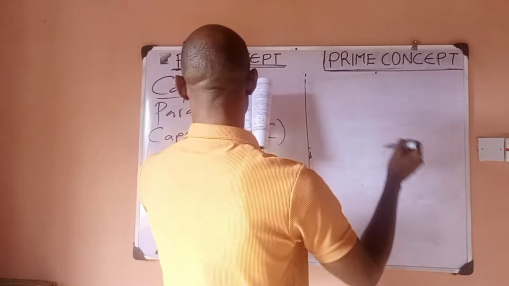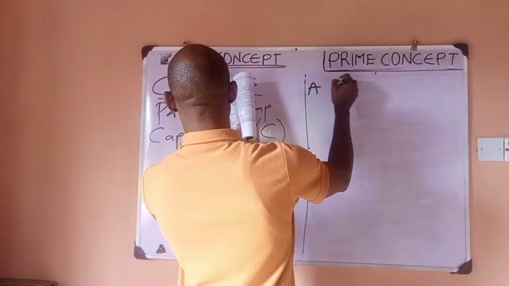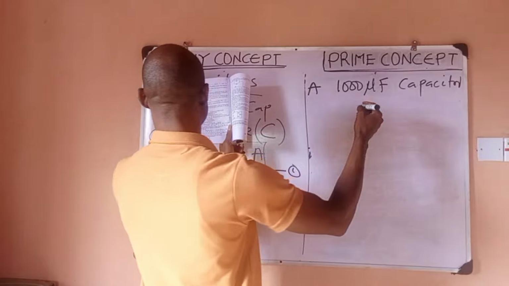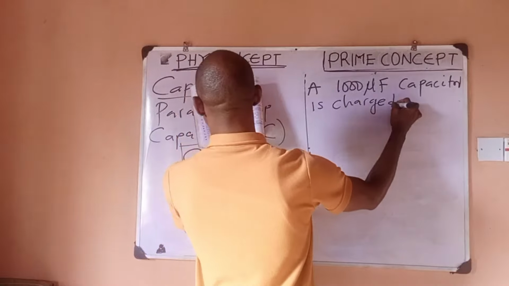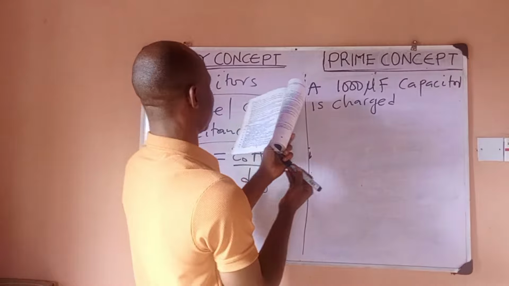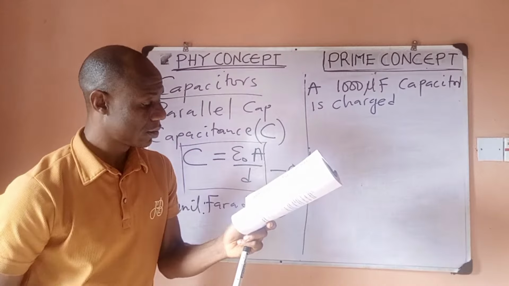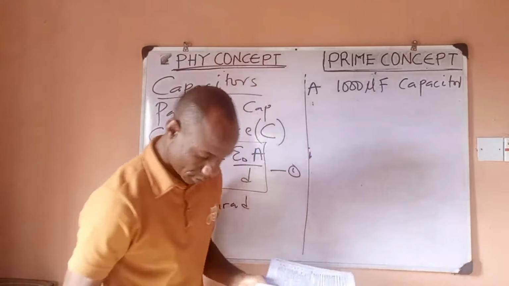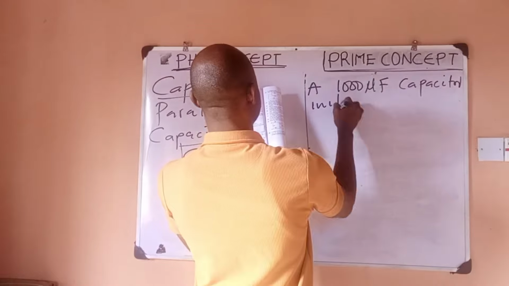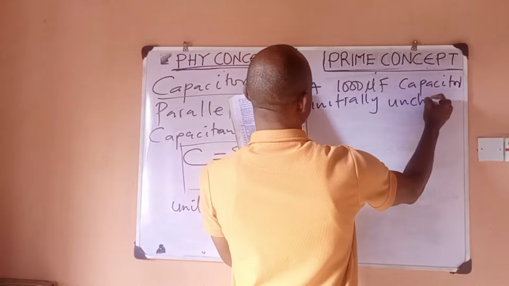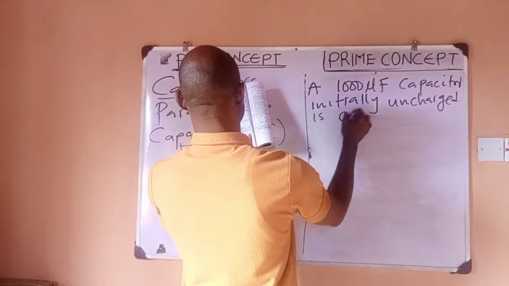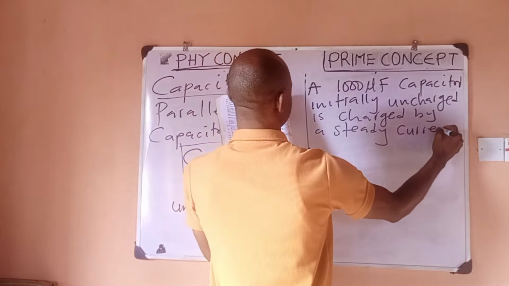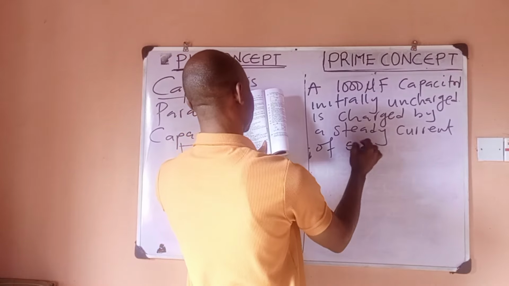I have this very interesting question, which says: a 1000 microfarad capacitor, initially uncharged, is charged by a steady current of 50 ampere.